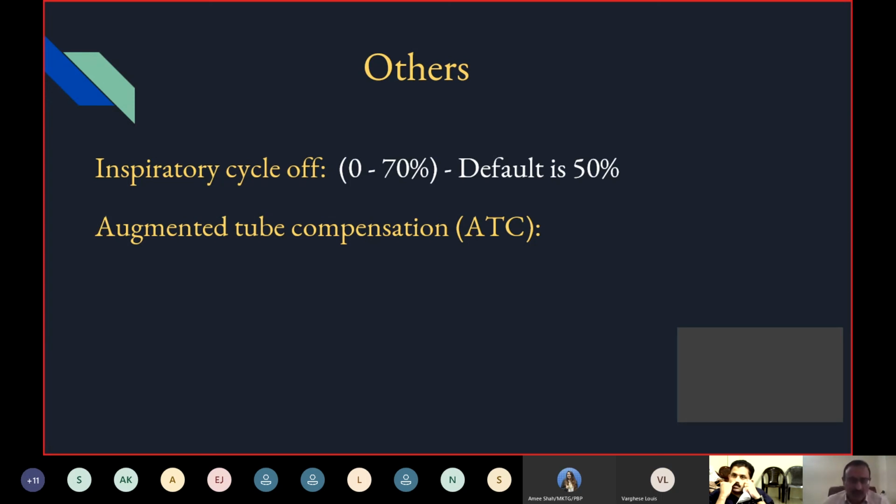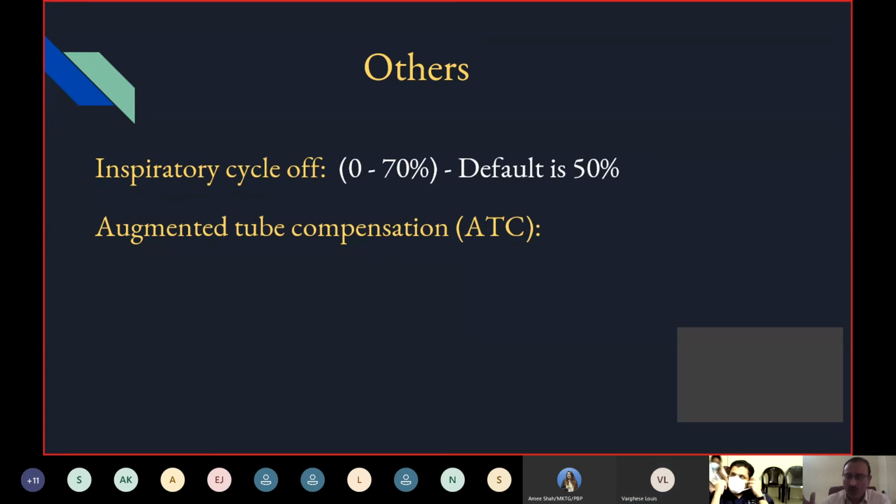Now, two things. If you take the tube off, this patient might have been intubated for a few days, and there might be some edema around the vocal cord. So pressure support for a long time and then taking the tube off does not guarantee, in my opinion as well, that the patient will breathe like how he was breathing with the tube, because the vocal cord space is not going to be that great.